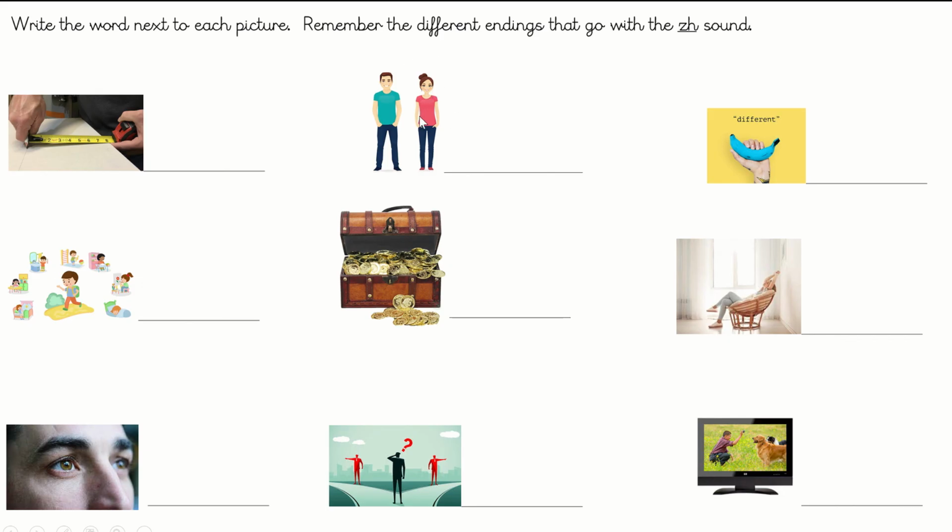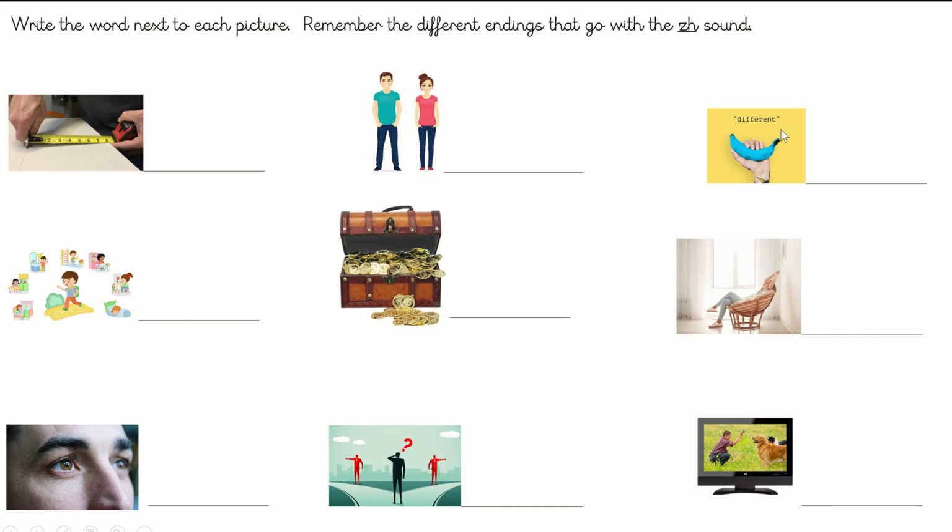They are casual. Underneath you've got lots of gold in a chest, and that's treasure. Underneath the treasure, you've got the man with a question mark over his head and two little red men pointing down at two different roads. This one was decision.